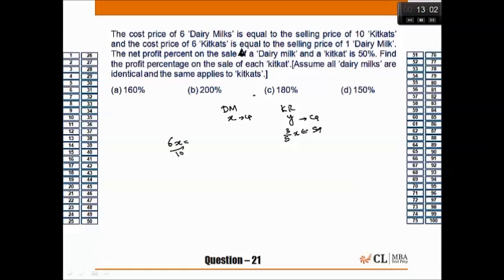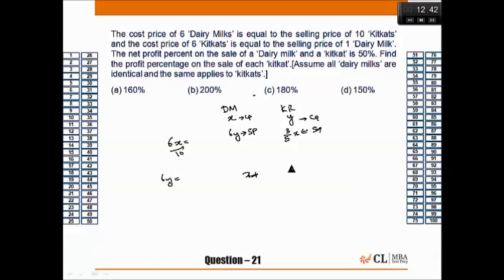Then the cost price of 6 Kit Kat, 6 times Y, is the selling price of 1 dairy milk. The net percentage of sales of a dairy milk and a Kit Kat.